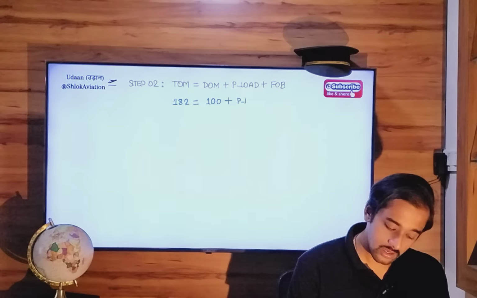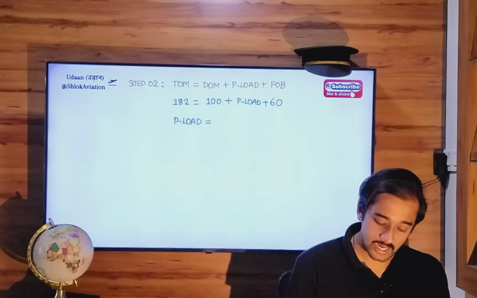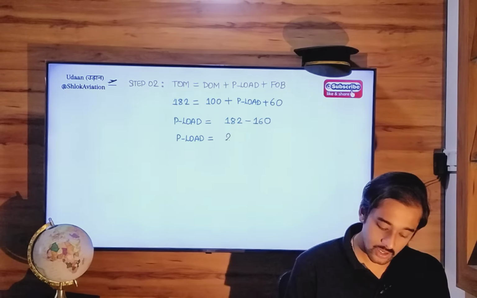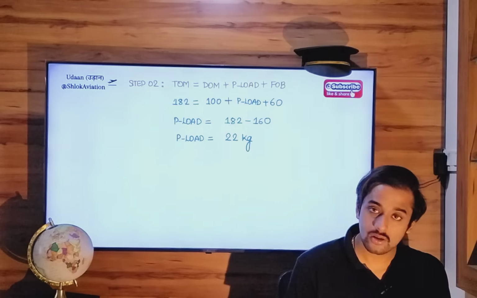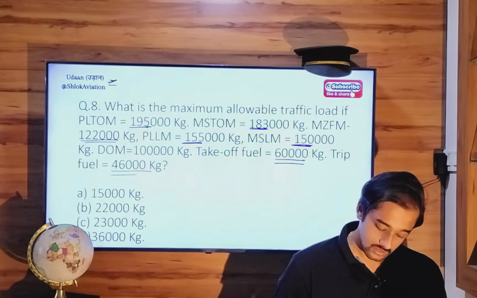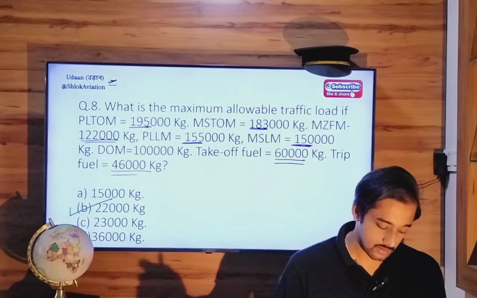So payload will be 182 minus 160, which is 22, meaning 22,000 kg. So the correct answer is Bravo, 22,000 kg.